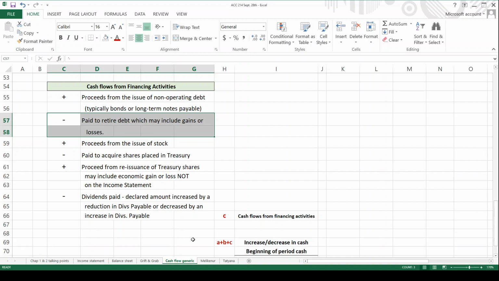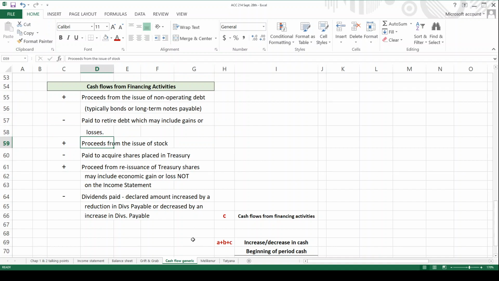So if you retired bonds that had a carrying value of $100,000, and you retired them at a $5,000 loss, what does that mean? That means that you had to pay more than $100,000 to retire the bonds. So you would add a loss in calculating the amount of money required to pay off the bonds.